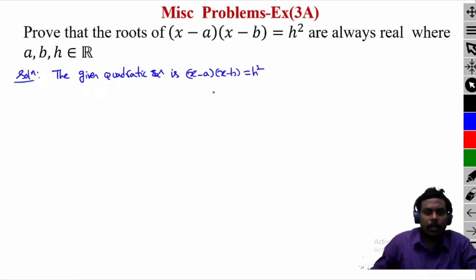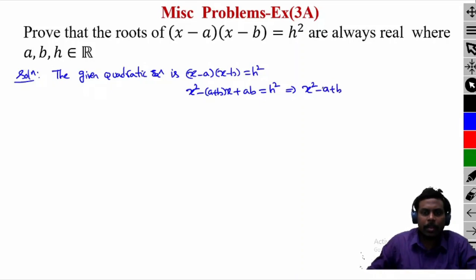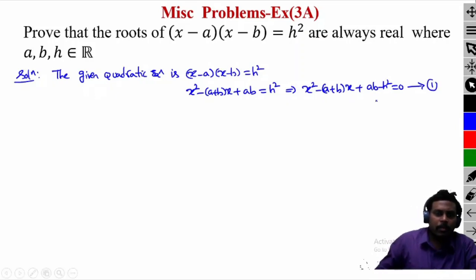Now that can be written as x square minus of a plus b into x plus ab is equal to h square. Let us put it in the form of an equation. It is x square minus of a plus b into x plus ab minus h square is equal to 0. We call it equation 1.